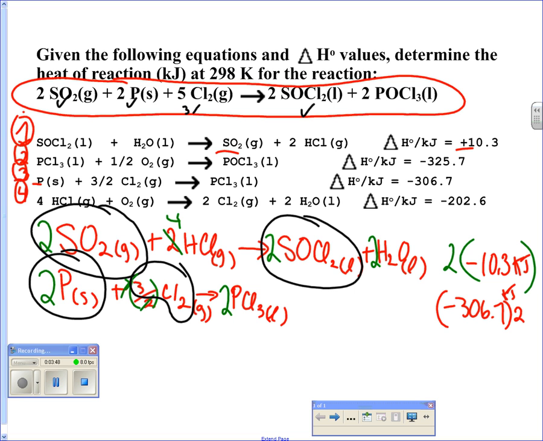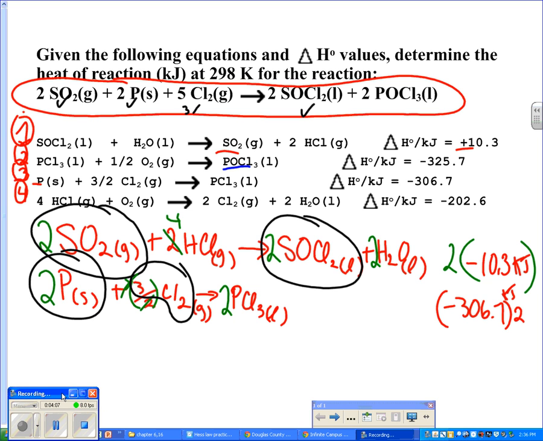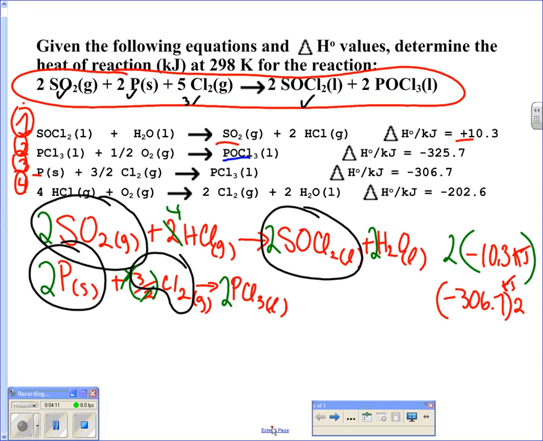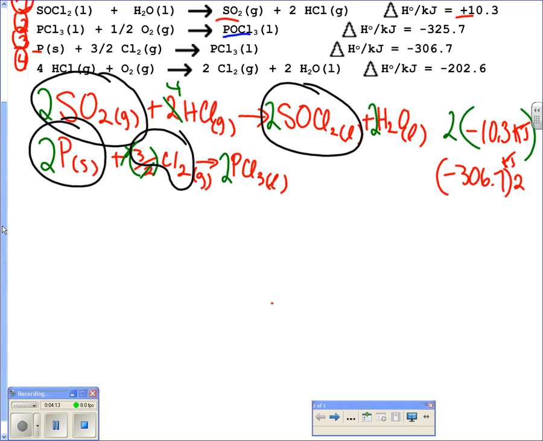Then the next thing I'm going to look for is the POCl3. I see that the POCl3 is a product, and I see some POCl3 as a product in reaction number 2. So I'm going to write that one down. I'll extend my page to give me a little more room to work with.